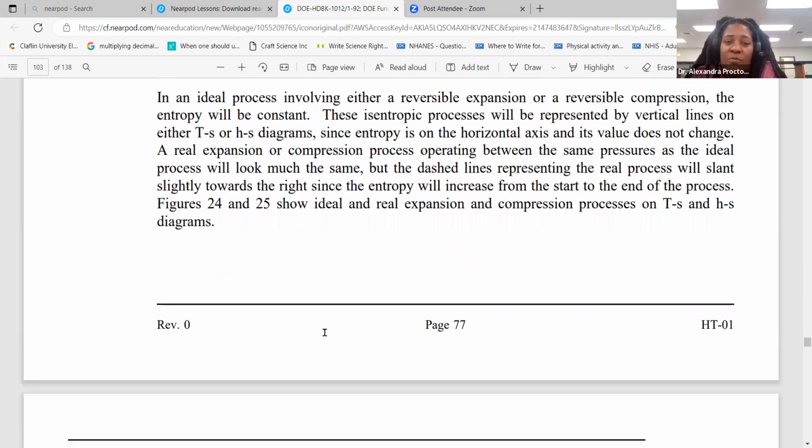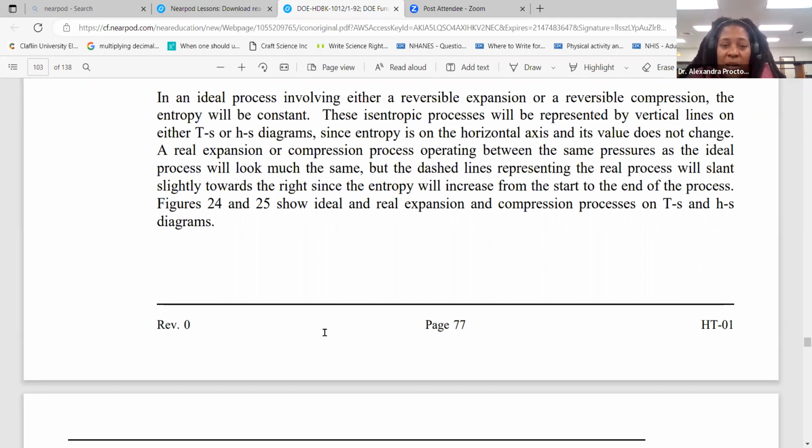And in an ideal process involving either reversible expansion or reversible compression, entropy will be constant. So these isentropic processes will be represented by vertical lines on this T-S or H-S diagram, since entropy is on the horizontal axis and its value does not change.